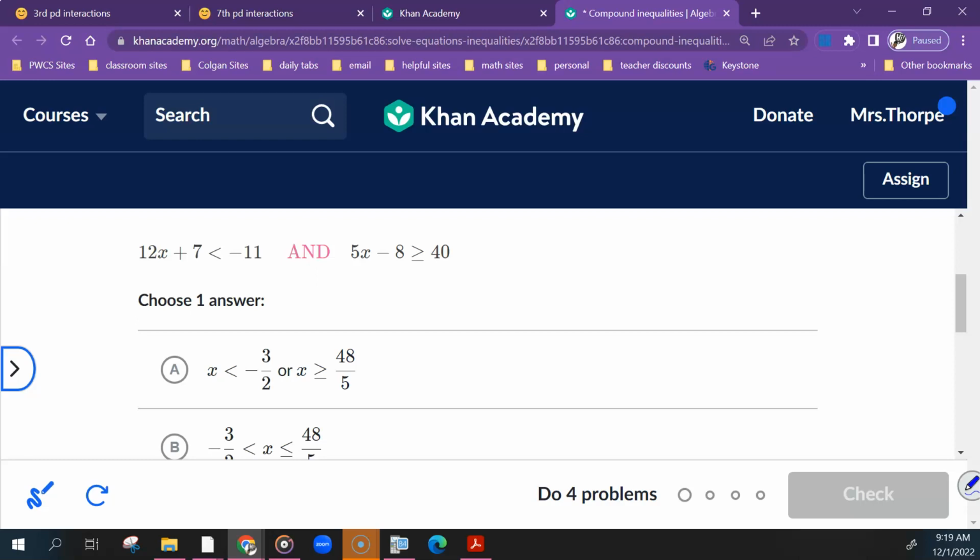A lot of these answers are going to be fractions. If I divide those both by 6, I get negative 3 over 2.